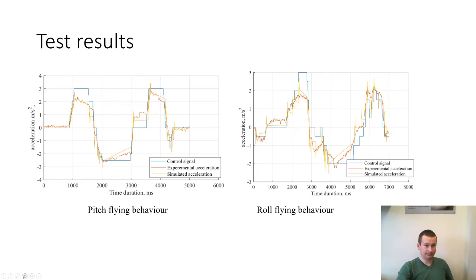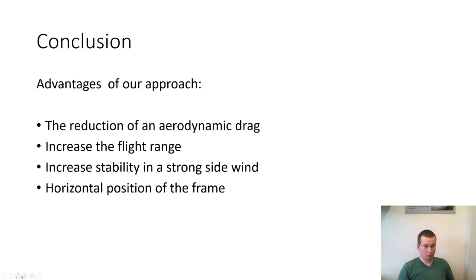According to what I said, I could make several conclusions. We have made the mathematical model of our drone, and we also suggested a control system and proved its correctness by simulation and practical research.